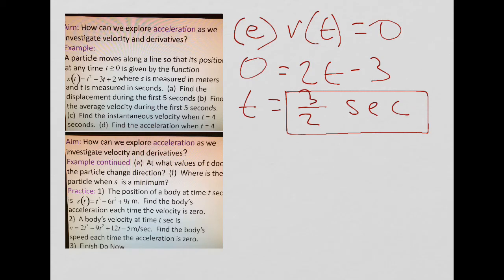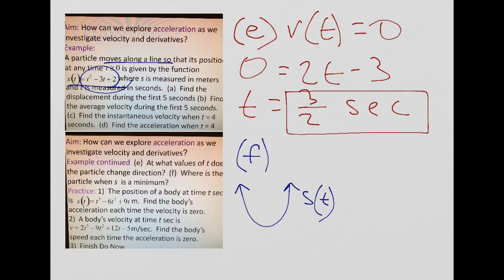Okay, so now part F. Part F is, where is the particle when s is a minimum? So again, the particle is still moving along a line, but s is a curve, and you can see it's a parabola and it opens upwards, so it does have a minimum point. Well, if you remember, our minimum point for s is where the slope of the tangent line is 0.